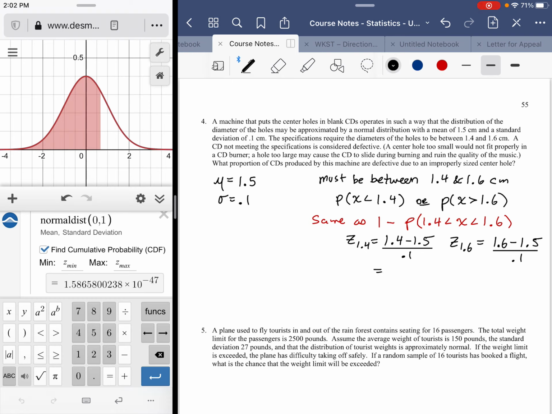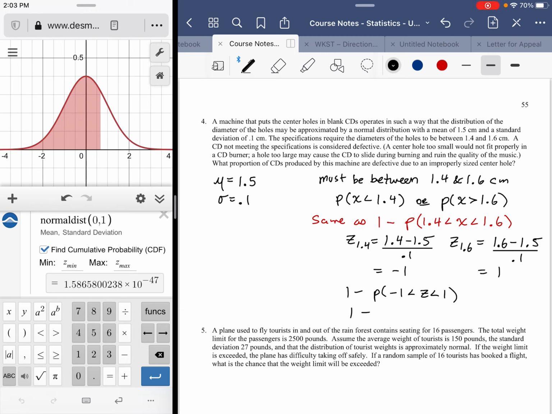All right, now this is one of those really nice instances where things just work out cleanly, because 1.4 minus 1.5 is negative 0.1, divided by 0.1 is negative 1, positive 1 on the other end. So if we figure out 1 minus the probability that z is between negative 1 and 1, we'll have our answer.